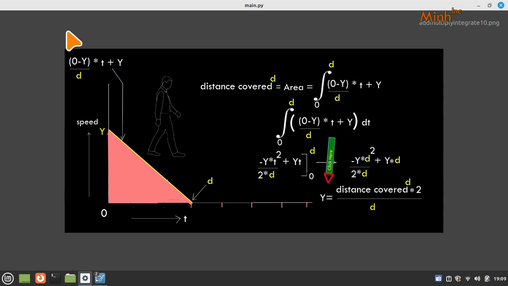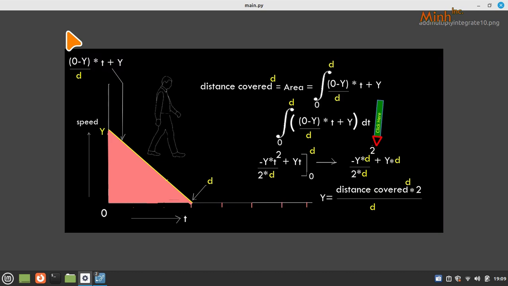Okay, so now if I take out y and then we do shuffling, then the initial speed would be distance covered into 2 by d. Okay, so this 2, I believe this is what is correct.